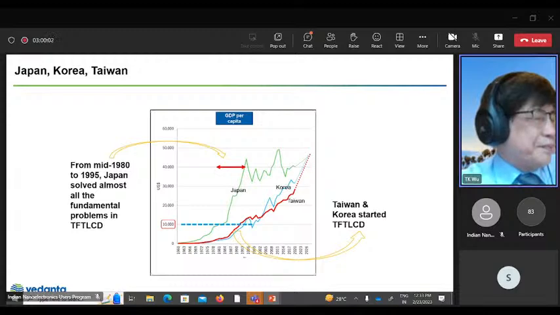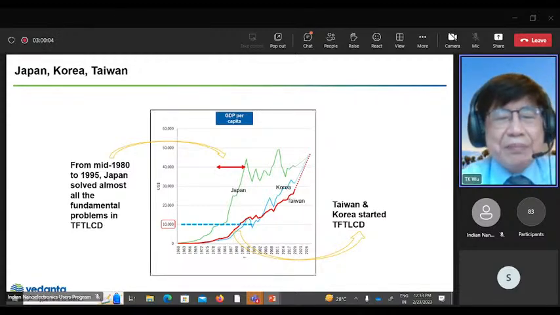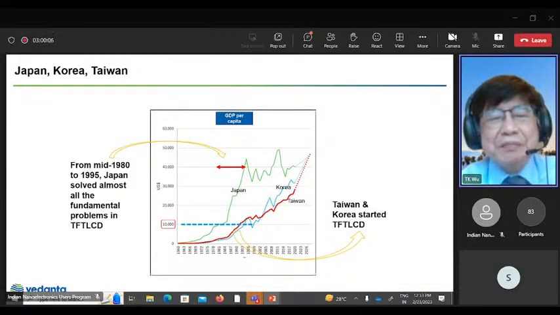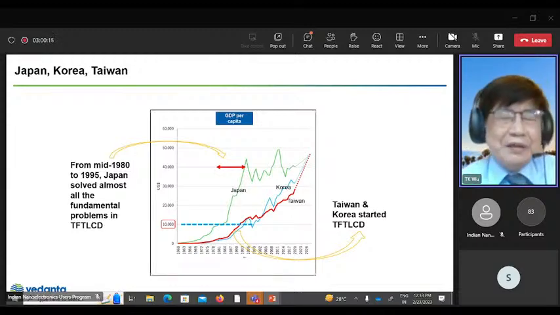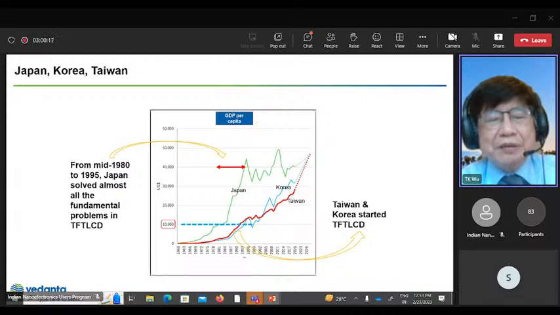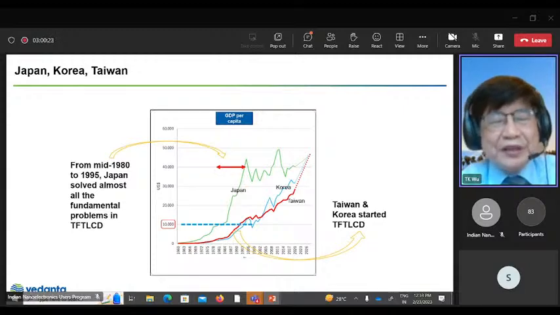And then Korea and Taiwan both entered TFT-LCD by that time when their GDP per capita was over 10,000. Both countries had already entered TFT-LCD for 10 to 15 years.